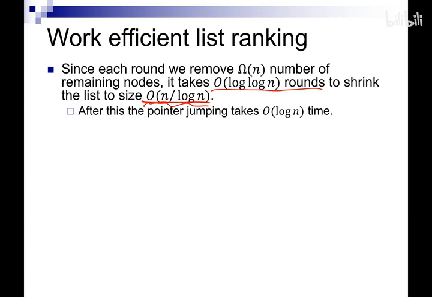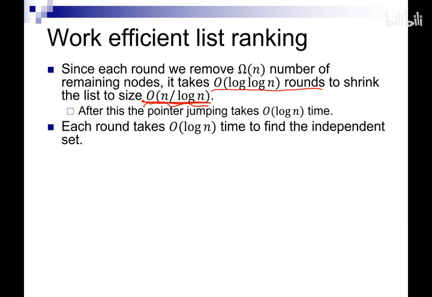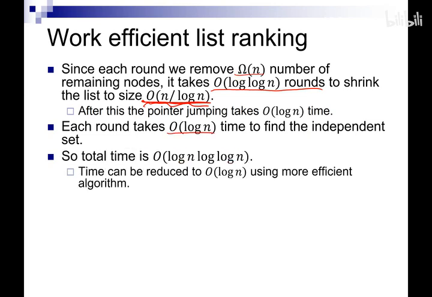Okay, and then once this happens, as I said, you can apply pointer jumping on this set, and that's going to take you log n time. Then each round, in order to find these independent sets, is going to take log n time. So the total amount of time is that we need to run this for log n rounds, and each round to find the independent set takes log n time, so the total time is going to be log n times double log n.